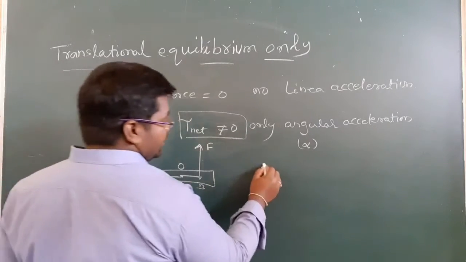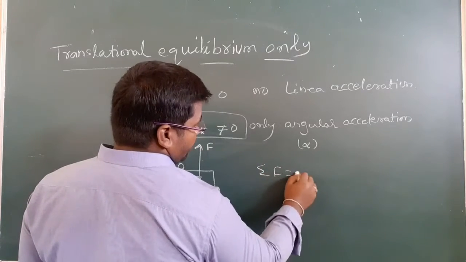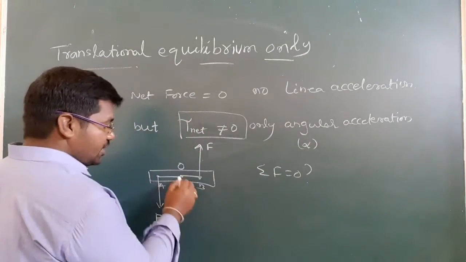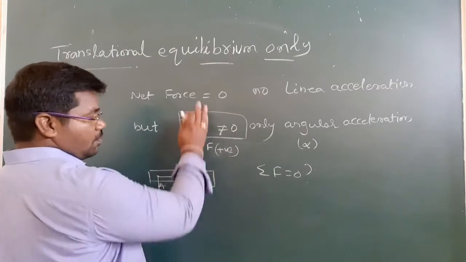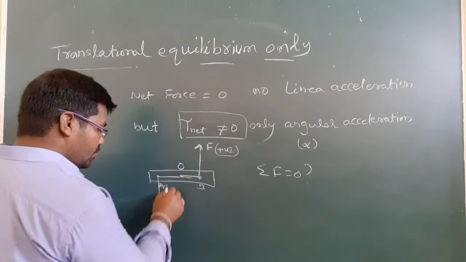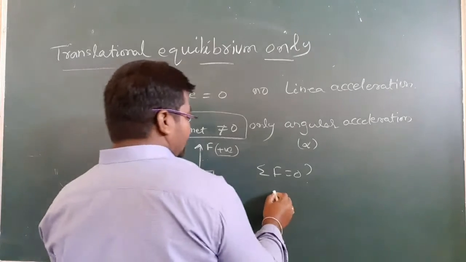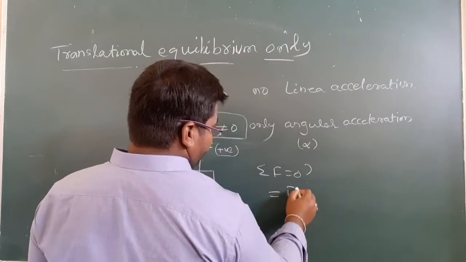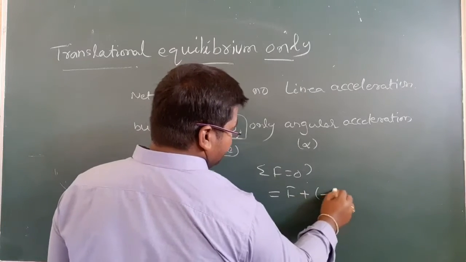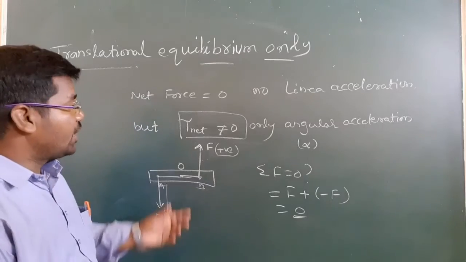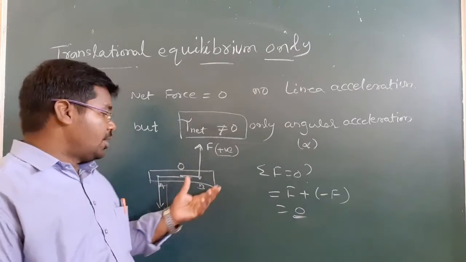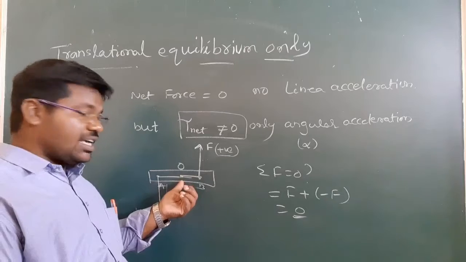How do we get net force 0? See here, if force moves upward, this is positive. If force is downward, negative. How do we get 0? F plus minus F. That's why 0.